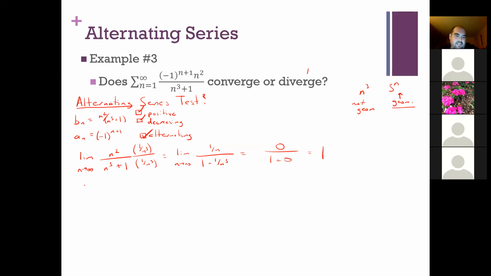Or from what I've seen on quizzes and things like that, I'm guessing a lot of you would like to do this L'Hopital's rule approach, which you can definitely do.